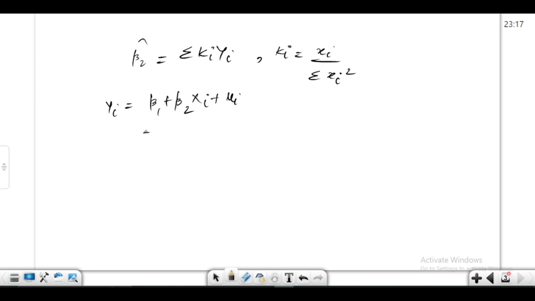So this implies beta 2 hat is summation of ki into (beta 1 plus beta 2 xi plus ui). I've just put this in place of yi.